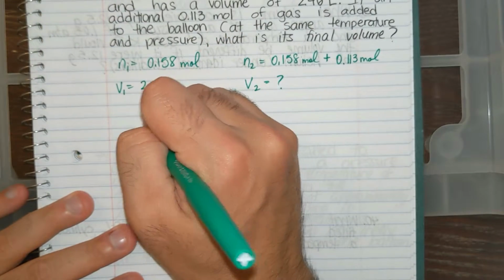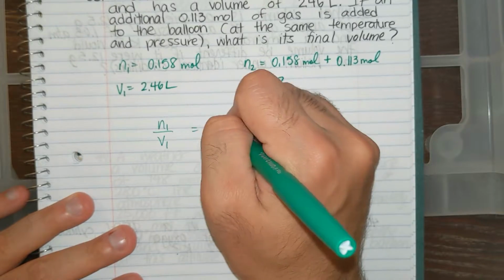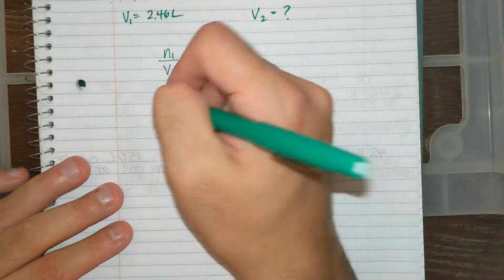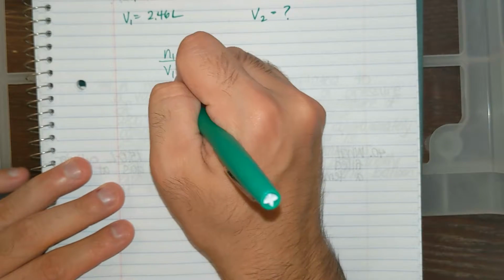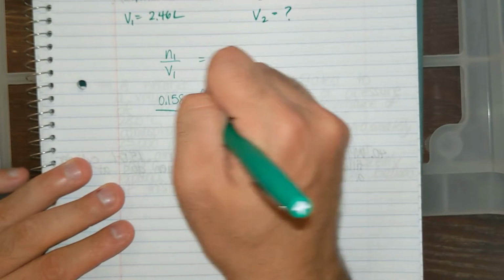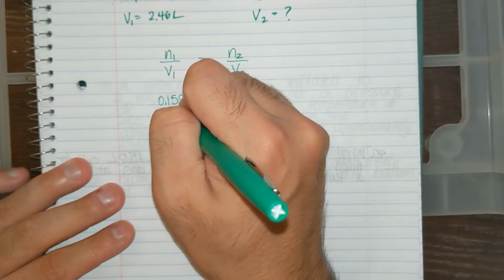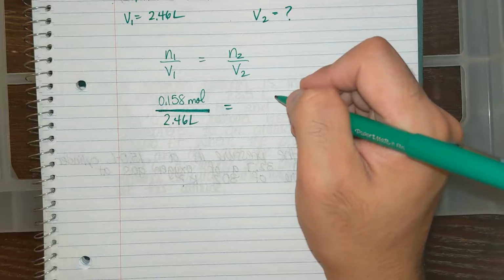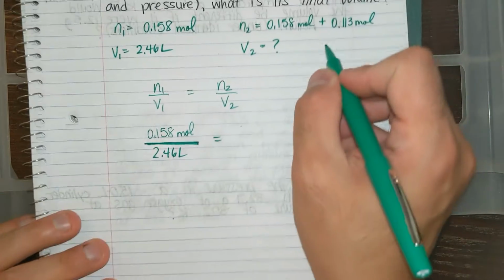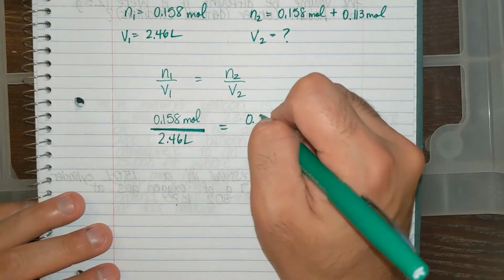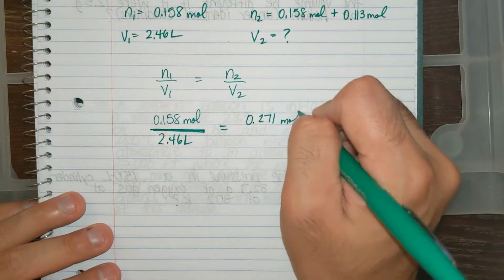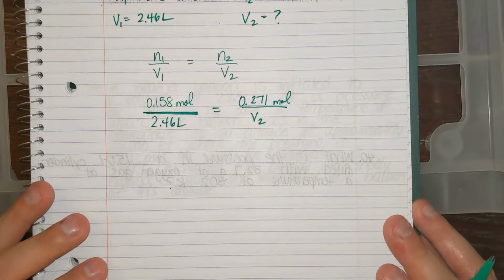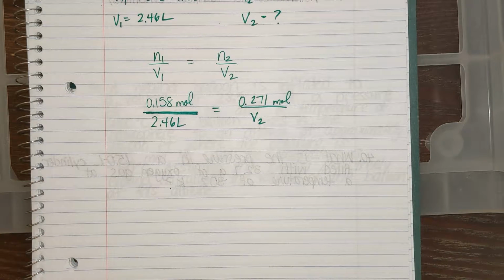So we have N1 over V1 equals N2 over V2, okay? And I have 0.158 moles over 2.46 liters equals, I added these two together up here, 0.271 moles over V2.